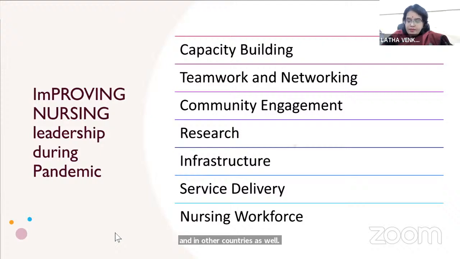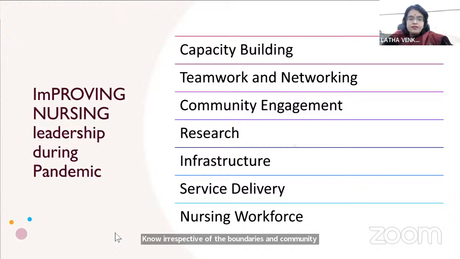And I still remember when nurses had to manage this COVID, many associations were getting connected with the associations in China, Japan, and other countries, to learn how they overcame the challenges. So that way, COVID has promoted a lot of networking and learning from each other, irrespective of the boundaries.